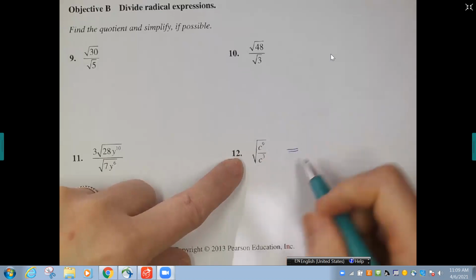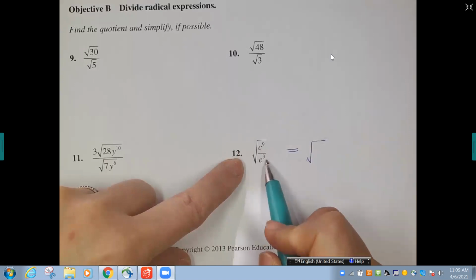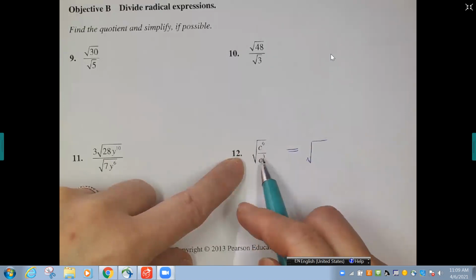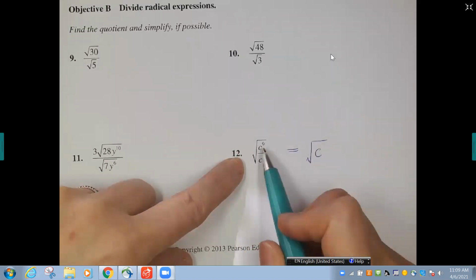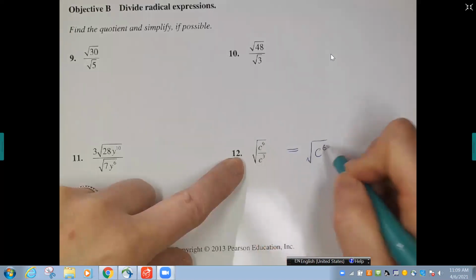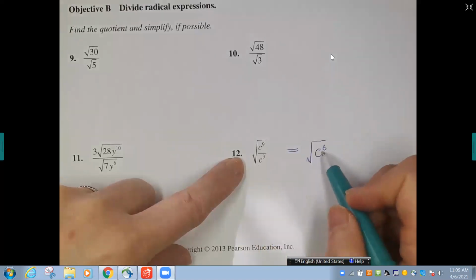We have radical c to the 9th over c to the 3rd. Using the exponential notation rule: same base, when we divide, we keep the base and subtract the exponents. So 9 minus 3, we have 6 here. So we get radical c to the 6th.